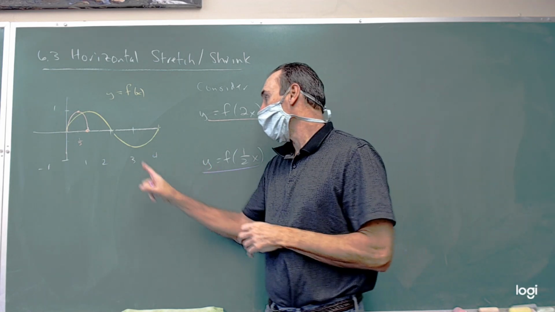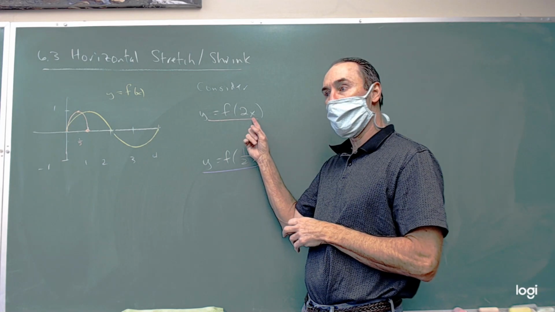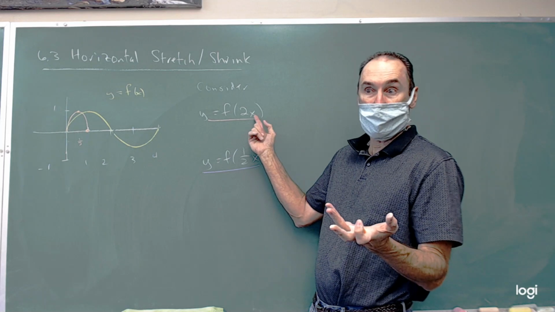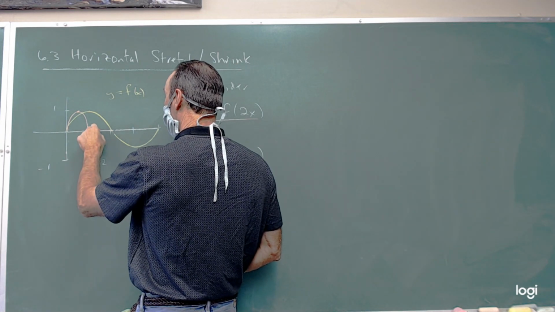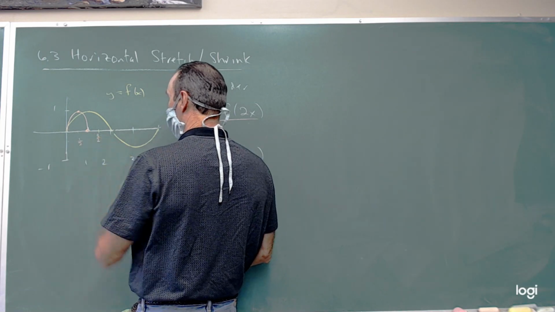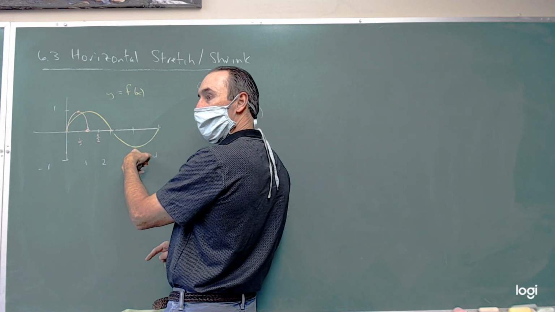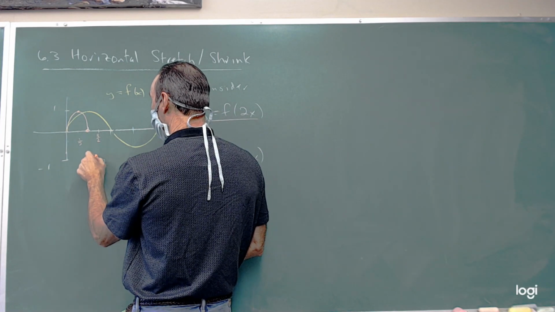Finally, similarly, to evaluate f of 3, we choose here an x value of 1.5 or 3/2. So at 3/2 or 1.5, that's going to be right here. Then when we plug that in, we evaluate and get the same thing as f of 3, which is going to be that -1.